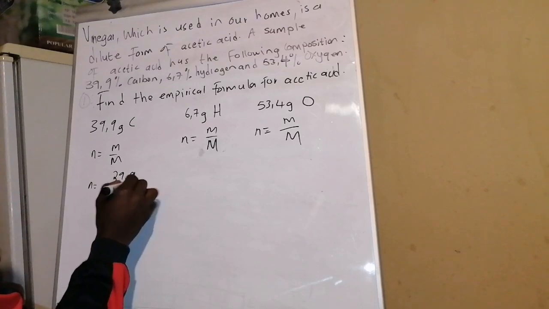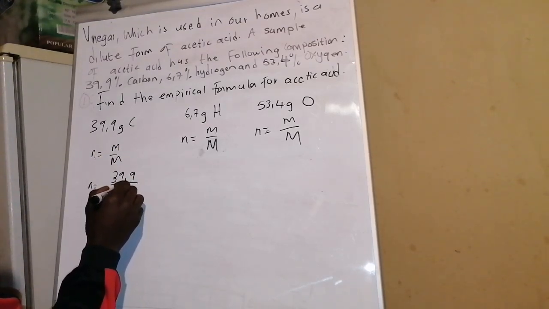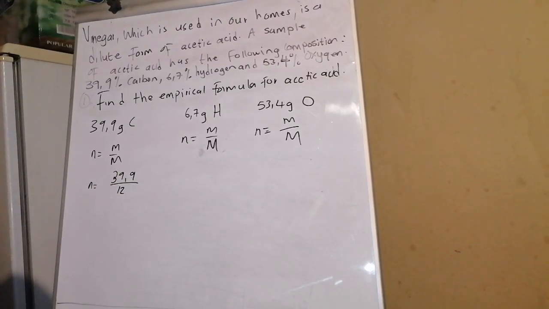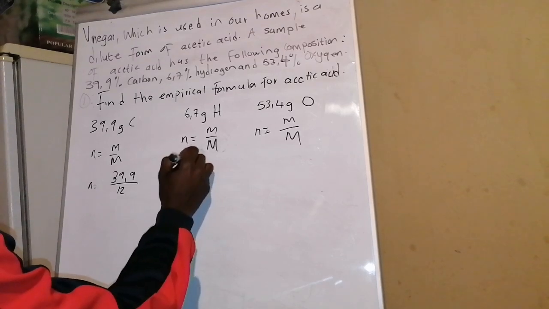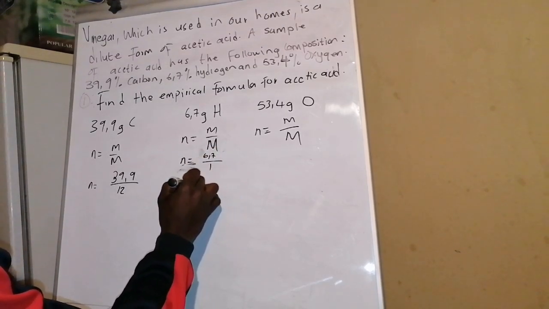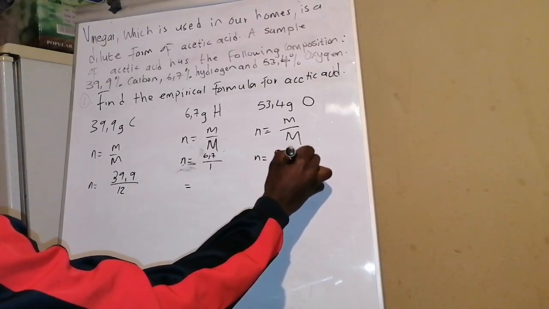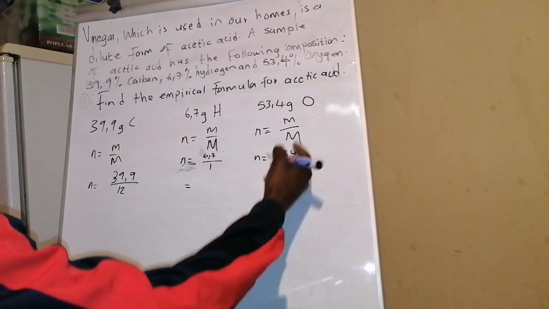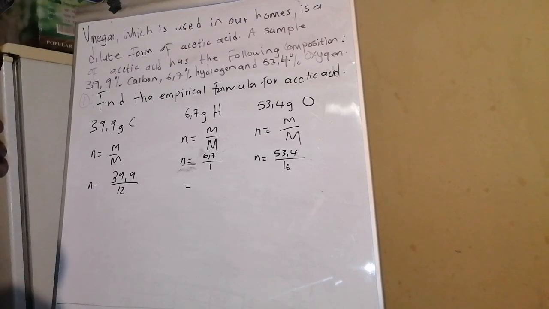Now the number of moles here, we have 39.9 over the molar mass for carbon, which is 12. Now the number of moles of hydrogen, we have 6.7 over 1. Here, 53.4 gram over the molar mass for oxygen, which is 16. Then you just use your calculator, 39.9 divided by 12.